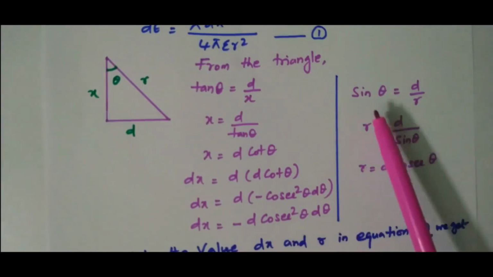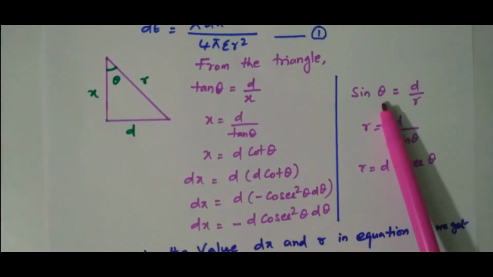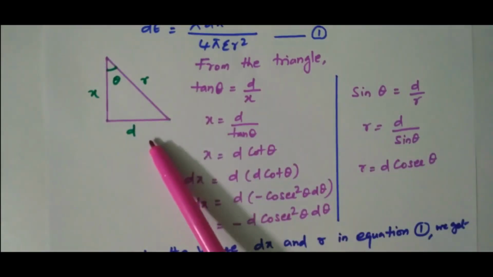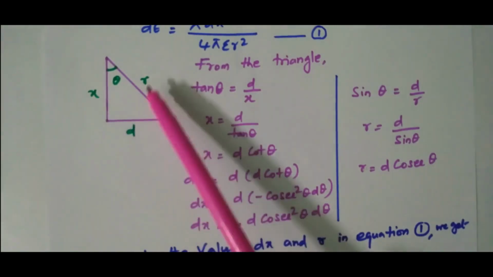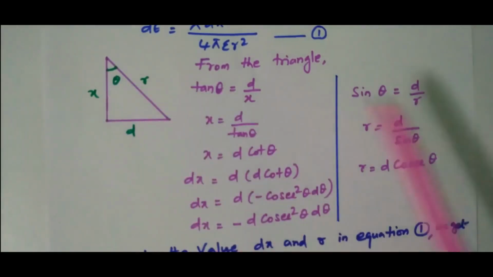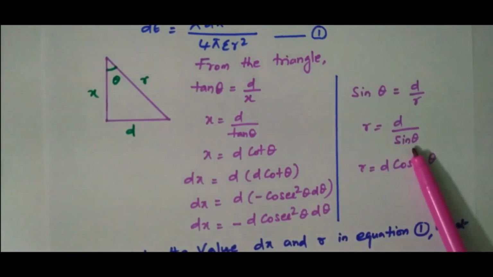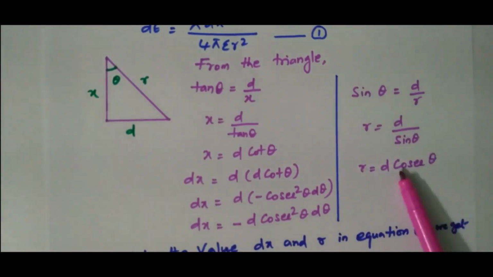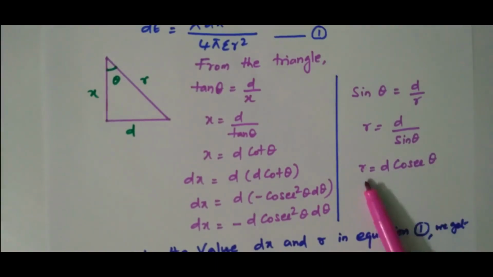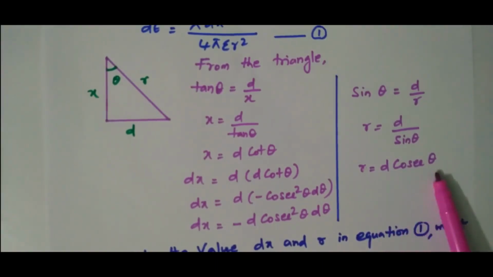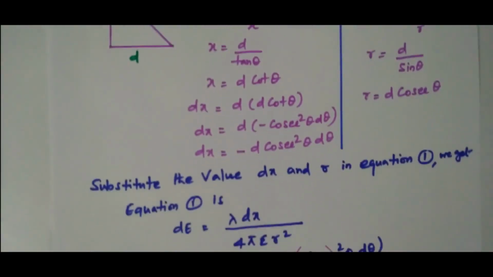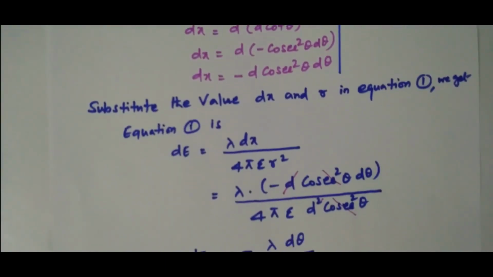Similarly, find sin theta. Sin theta means opposite side by hypotenuse, d divided by r. Cross multiply this, so r equal to d by sin theta. 1 by sin theta is cosecant theta, so r equal to d cosecant theta. Now we got the expression for dx and r, so these two can be substituted in equation number 1.